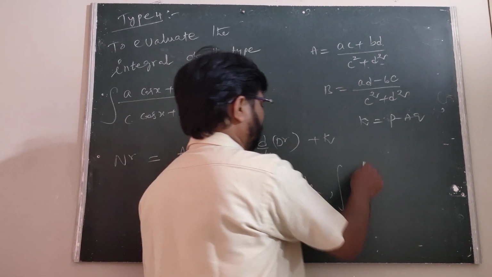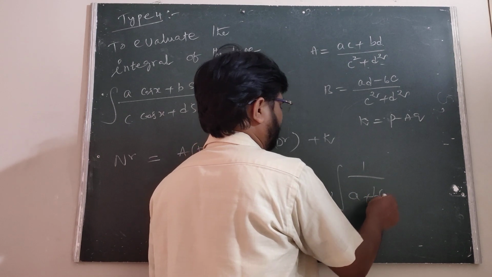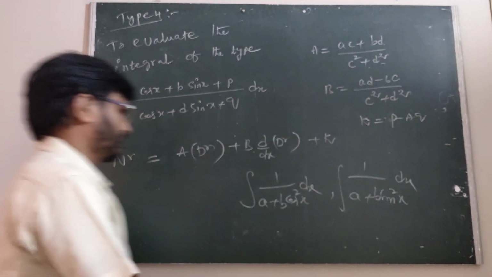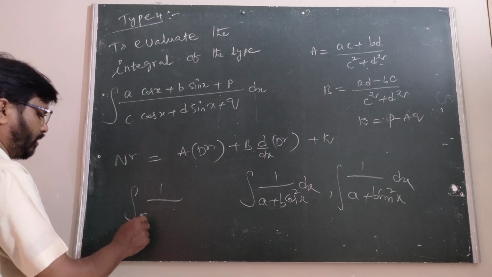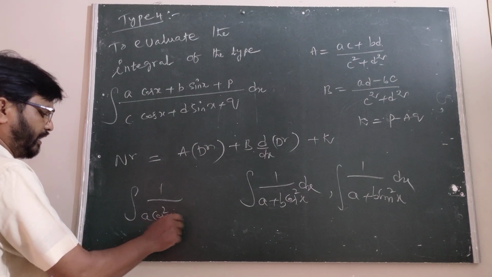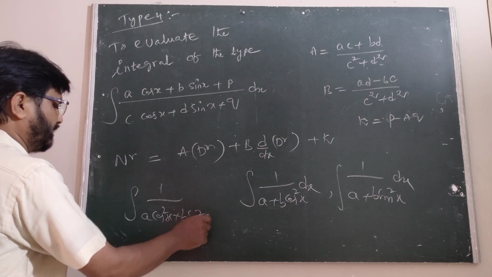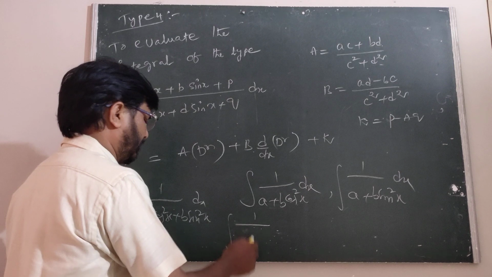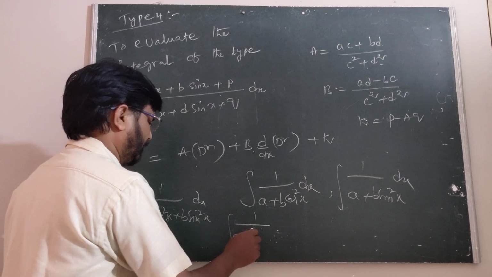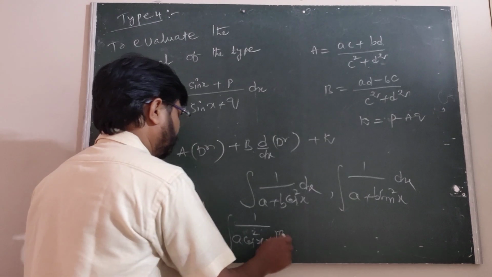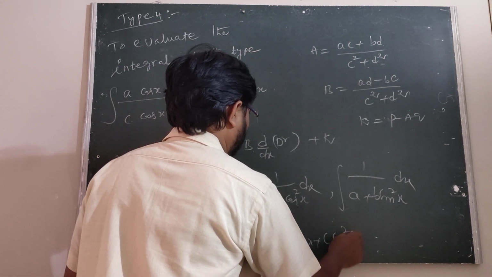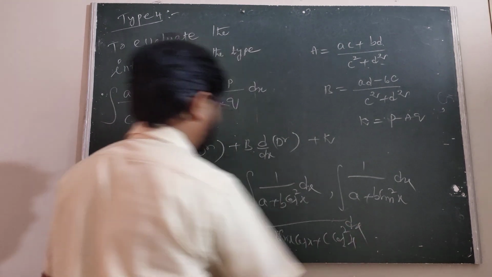and integral 1 upon a plus b sin square x into dx, integral 1 upon a cos square x plus b sin square x into dx, and the last one is integral 1 upon a cos square x plus b sin x cos x plus c cos square x into dx.